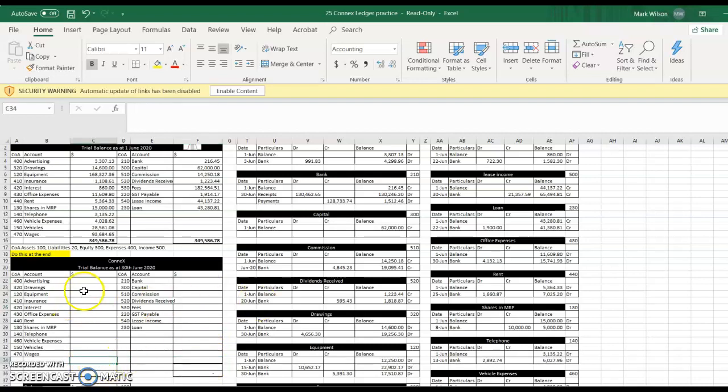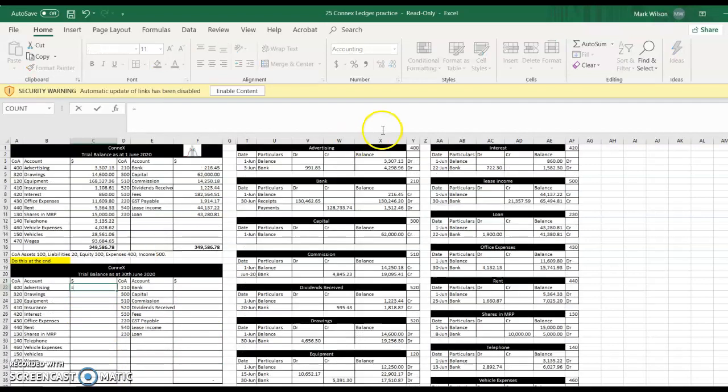So first one we're after is the advertising account. So type equals. Find your closing balance. It's a debit. There it is. Your drawings, type equals. Find your drawings figure. Find your equipment, closing balance. Go through and do all of those. Just as you get to it though, you'll notice bank. Here it's a debit. It actually changes.